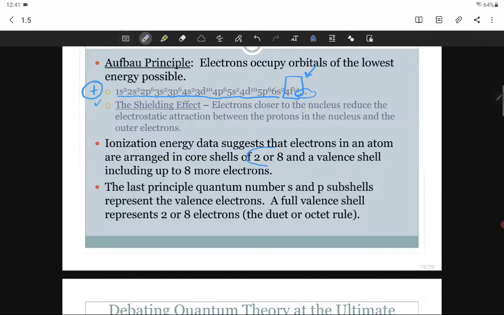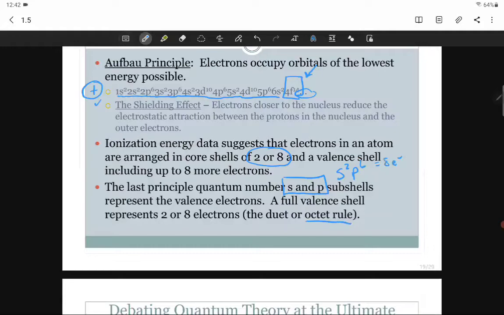You've already learned about the valence electrons last year, and we consider the outer electrons to be like 2 for helium or hydrogen, or for everything else 8. And we usually consider that if you had s2p6, 2 plus 6 equals 8 electrons, that would be the octet rule.